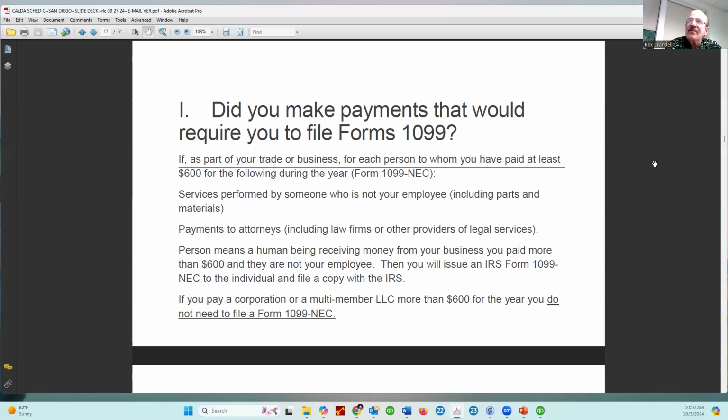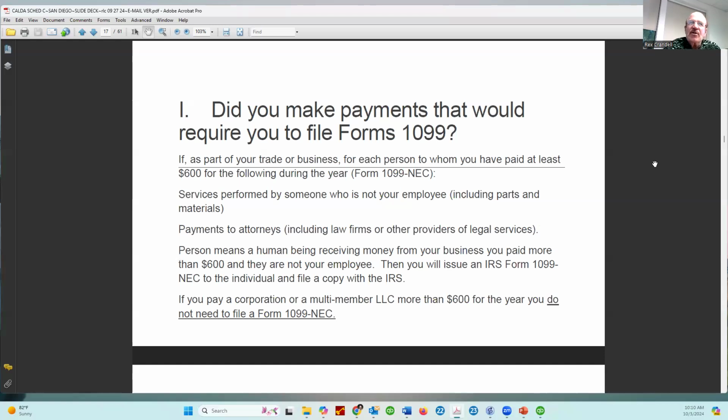The NEC stands for non-employee compensation. This covers services performed by someone who is not your employee, including parts and materials. And it would also include payments to attorneys, law firms, or other legal service providers.